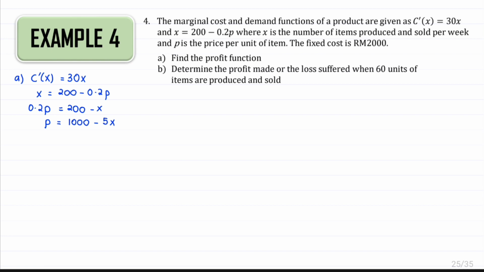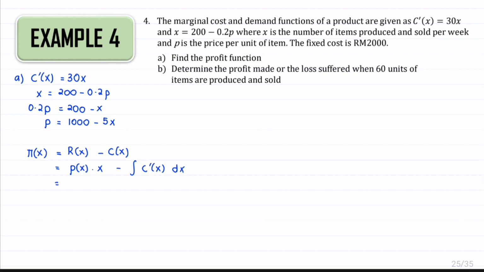Now we find the profit. Pi x equals revenue R(x) minus cost C(x). To find revenue, we use the formula p(x) times x, and to find the cost C, we integrate C prime x dx.